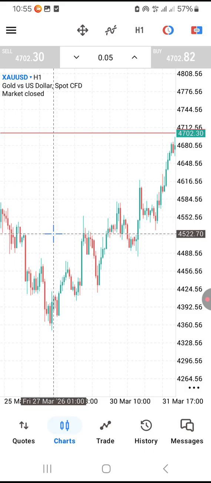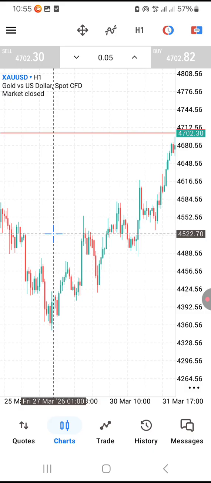Bearish is simply saying the market is going down. There are more sellers than buyers, so they are suppressing the buyers. That's when you say this market is bearish. It's just a term used in trading. Bullish is an upward trend, bearish is a downward trend.